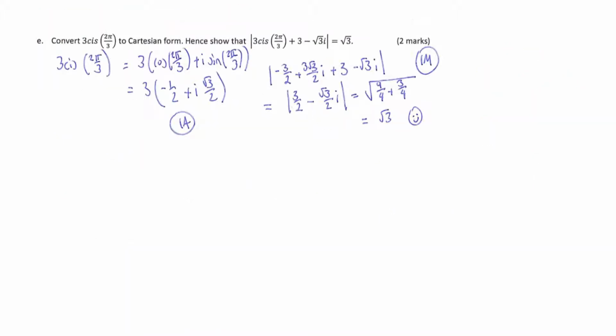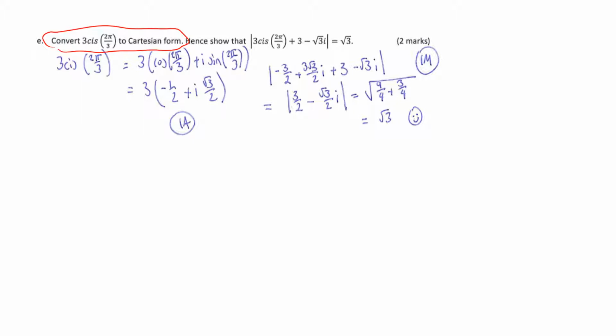Okay, the first part should have been a no-brainer. Convert 3 cis 2 pi on 3, which is that point in common to both rays, to Cartesian form. Hopefully you can evaluate what cos 2 pi on 3 and sine 2 pi on 3 are easily enough. It turns out to be that.